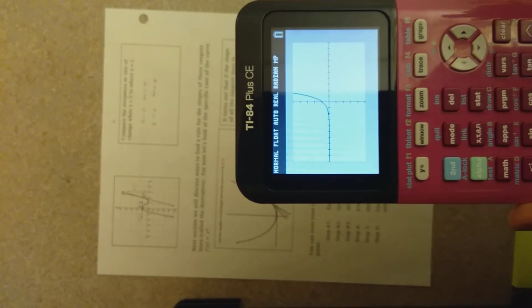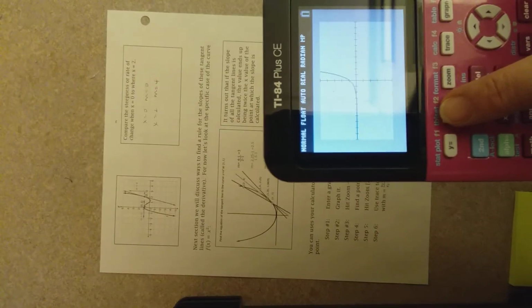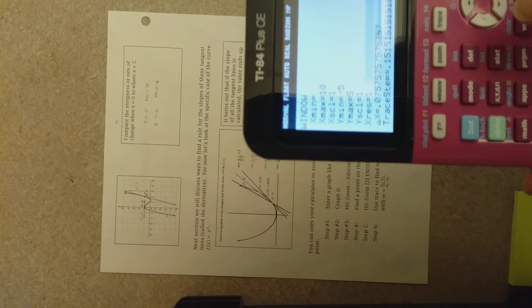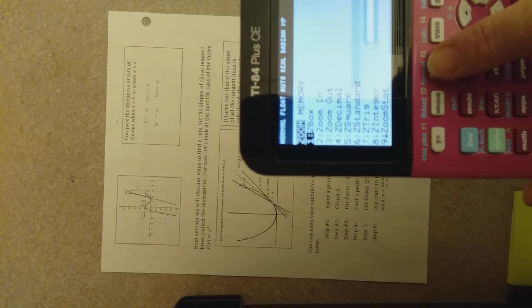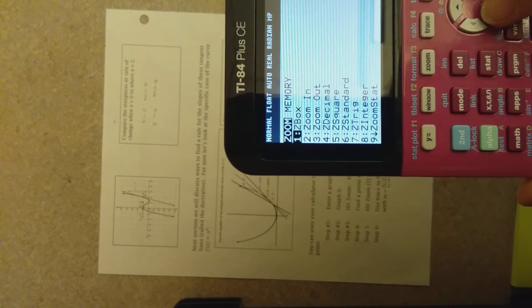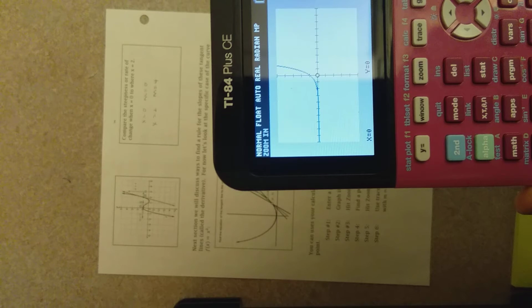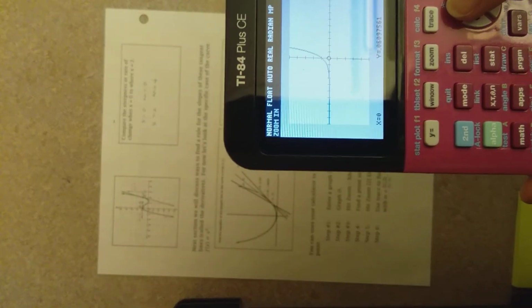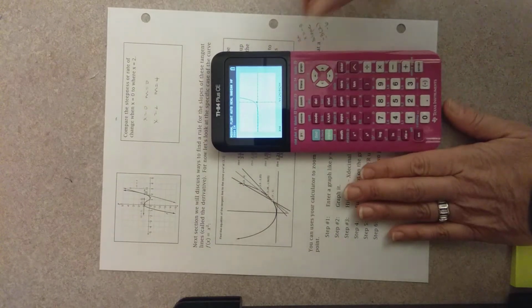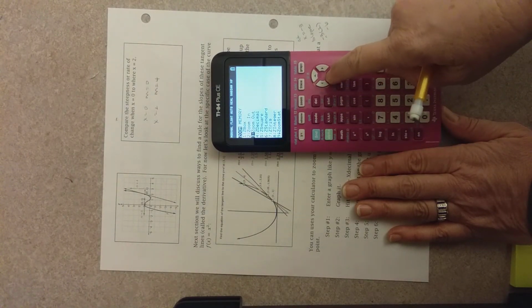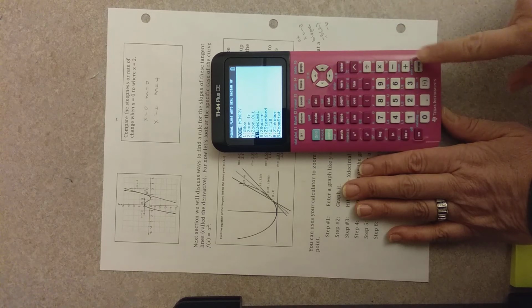So if I want to zoom in on it, I can hit zoom. Sorry, I'm trying to hold it and look at it at the same time. There we go, zoom. And we can zoom in, but we've got to get the point we want to zoom in on. So I'm going to put it back down so I can do this right. So I'm going to zoom, and I'm going to zoom decimal.